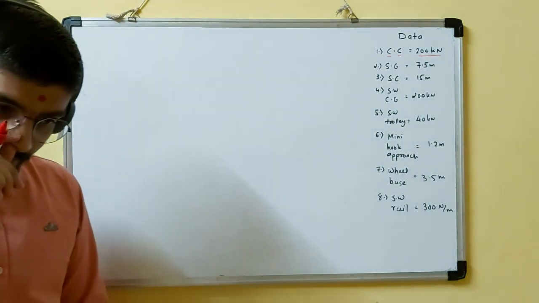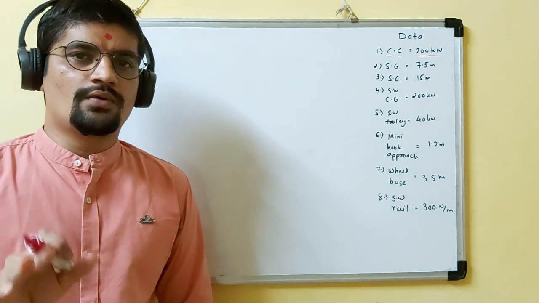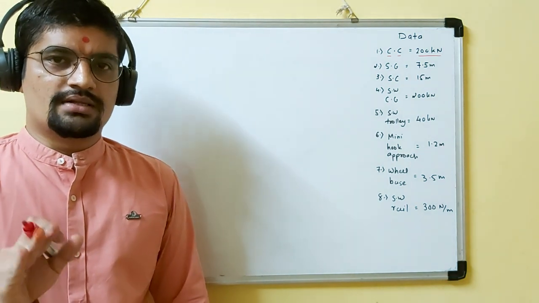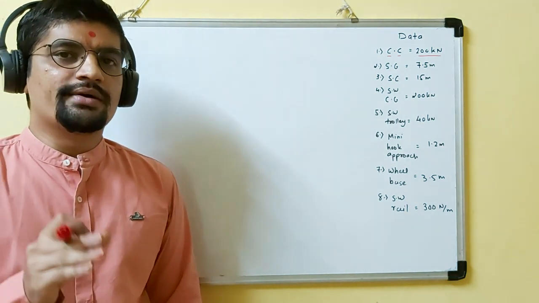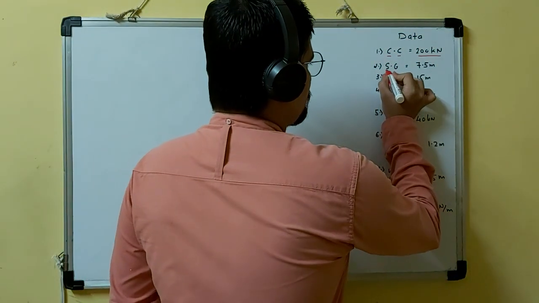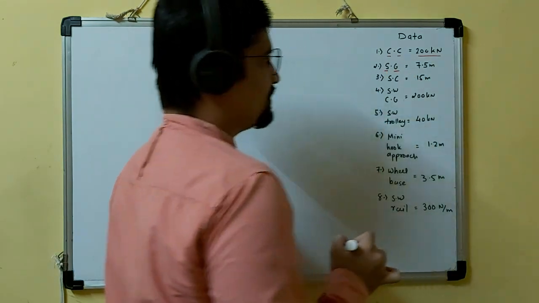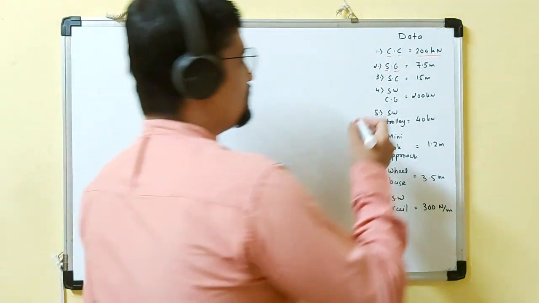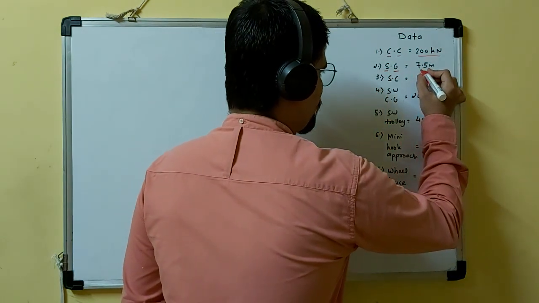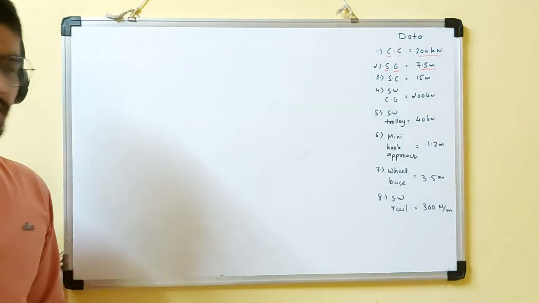Means the crane has the lifting capacity of 200 kilonewton, or the crane is lifting 200 kilonewton load. This is the span of gantry girder. S stands for span and G for gantry girder, it is 7.5 meter. Means the gantry girder is of 7.5 meter span.